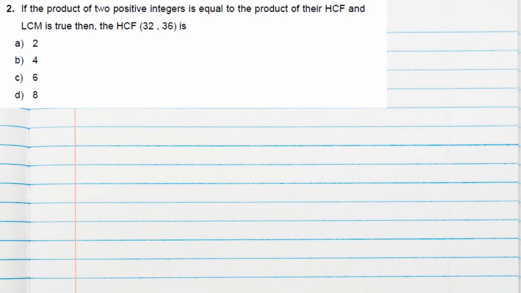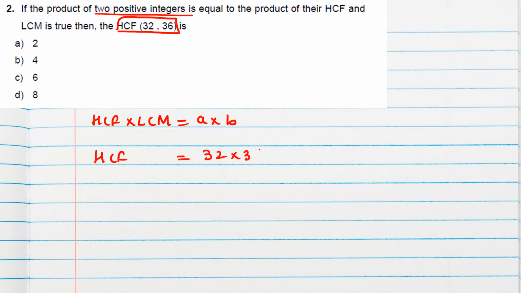Now, the product of two positive integers is equal to the product of their HCF and LCM. That relation, HCF times LCM equals A into B, is defined here. Then we should find the HCF of 32 and 36. So 32 into 36 divided by the LCM. In the first question we found the LCM, that is 288.